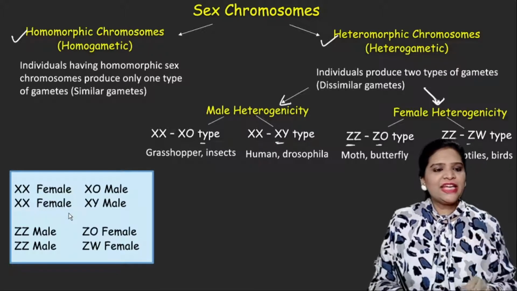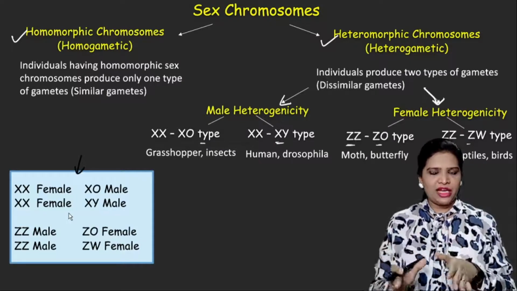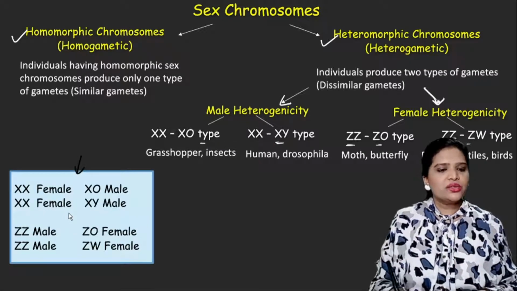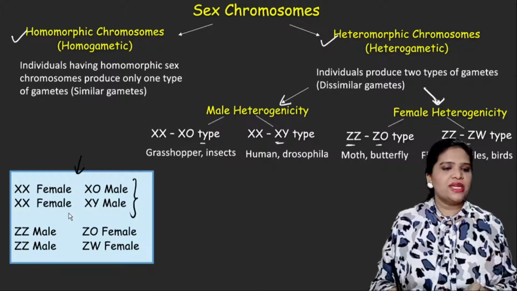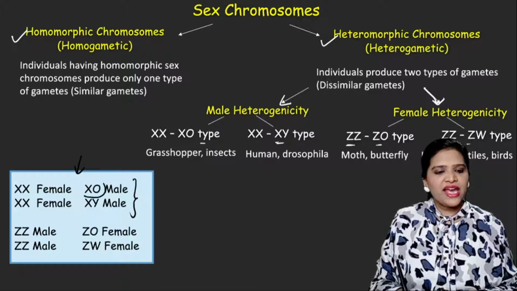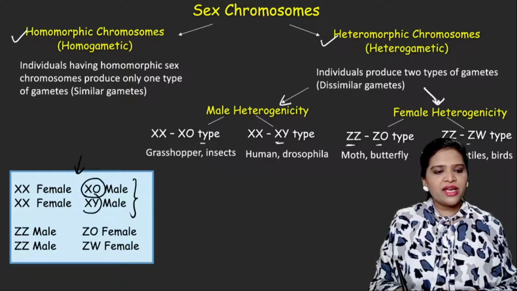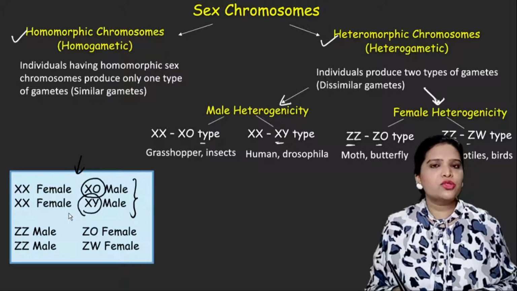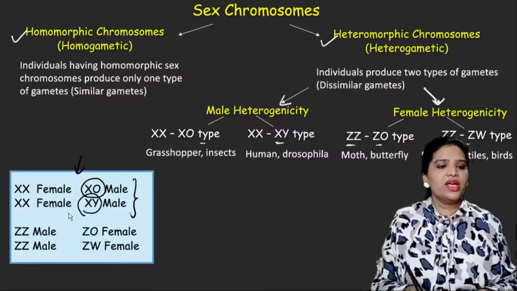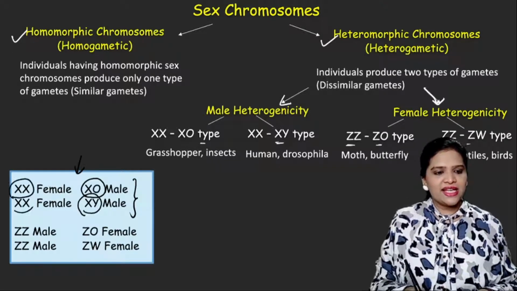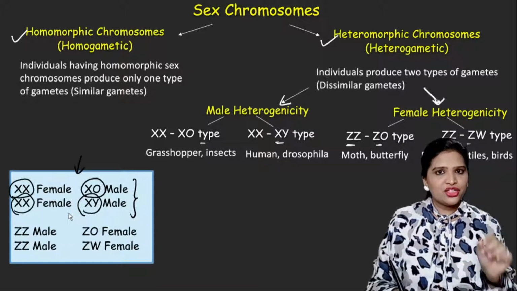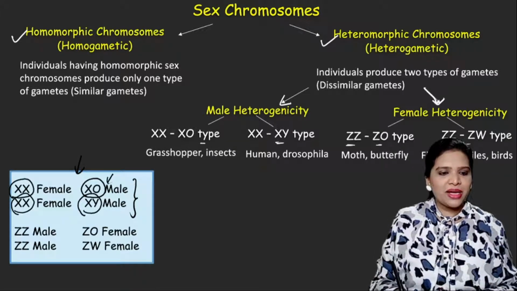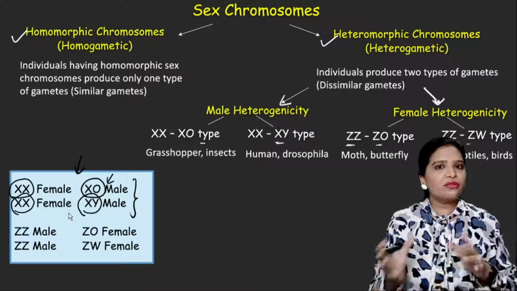So look at the key points given for male and female heterogamety in this table. The first one shows the key points for male heterogamety. See here, if XO and XY are present, this type of chromosome means male, whereas XX means female. So here the sex of the offspring is determined by the gametes produced by the male because they are of different types.